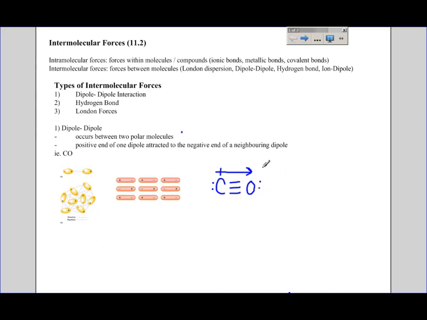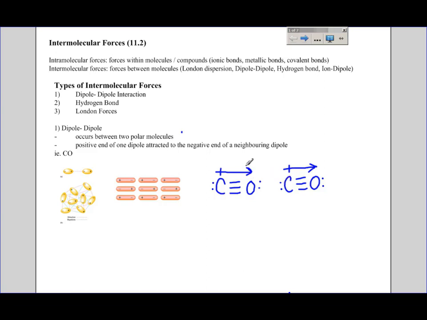Now, this is the molecule properly labeled with its dipole, but in order to look at intermolecular forces, we need to look at another carbon monoxide molecule beside it. So these are polar molecules, and the intermolecular force is the force between the molecules holding them together in a sample.